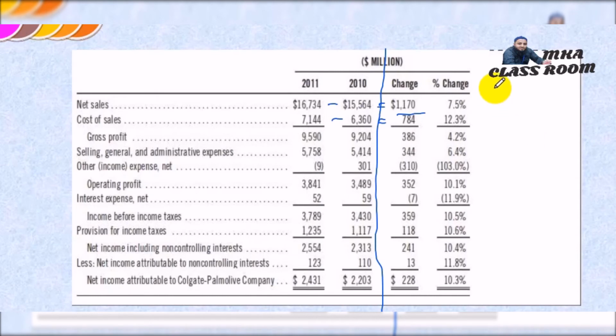So you have to remember that there is a rule, that is new minus old divided by old.